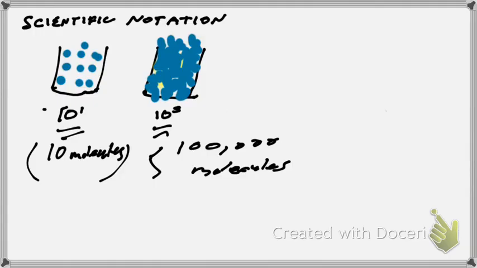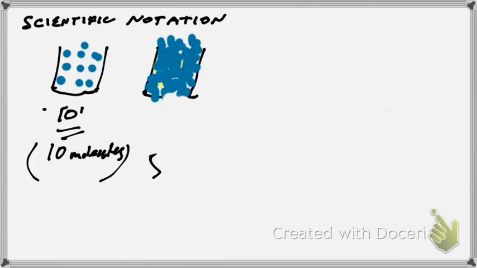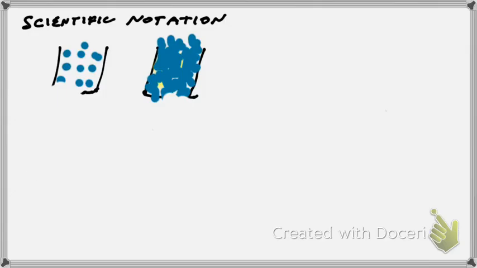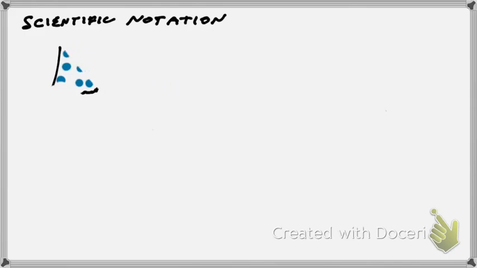So now I'm going to erase this, and we're going to look at adding and multiplying in scientific notation, if we had two different numbers or two different groups of numbers that we wanted to add or multiply.